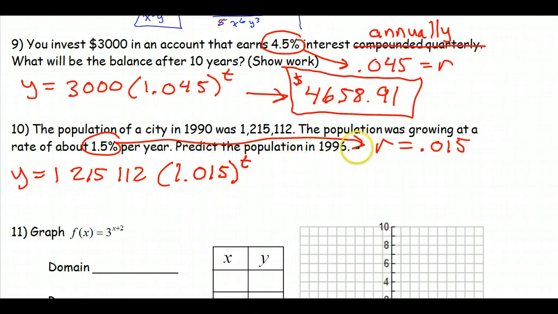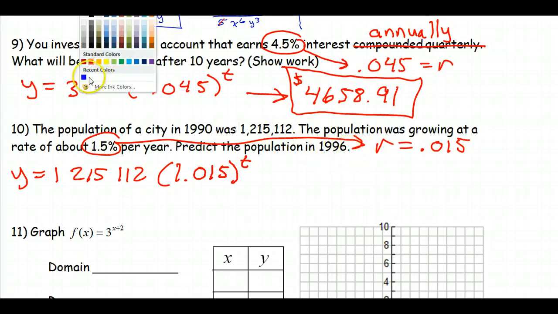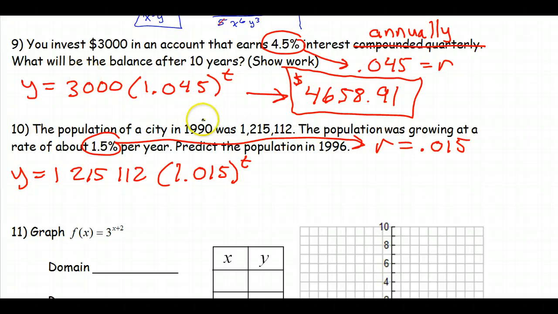Predict the population in 1996. Look, if we are starting in the year 1990, that's where we got this initial value from, and then we're ending up in 1996. That means t, the time, is 6 years have gone by.